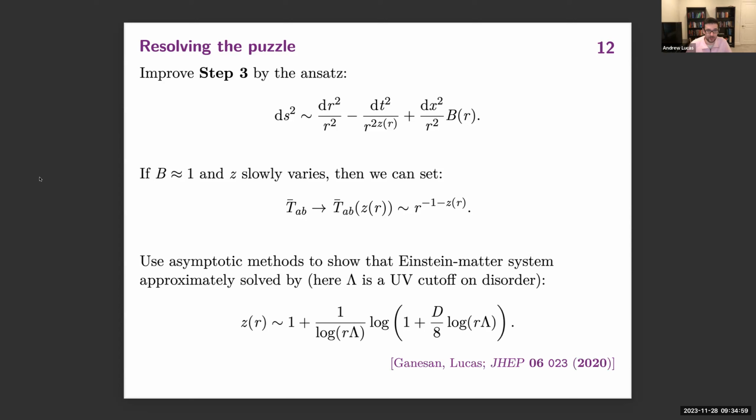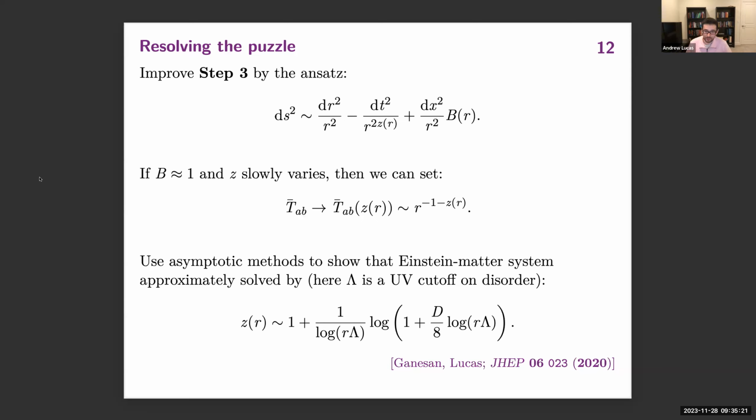And using asymptotic methods, we can check that this ansatz is self-consistent. We indeed find a very slowly varying geometry, and this slowly varying geometry has a Lifshitz exponent Z, which takes the form below. This is a kind of ugly function. It has a lot of logarithms in it, but what's going on here?